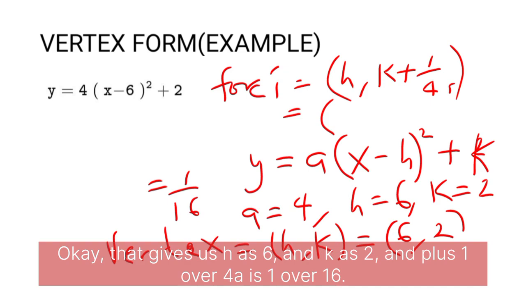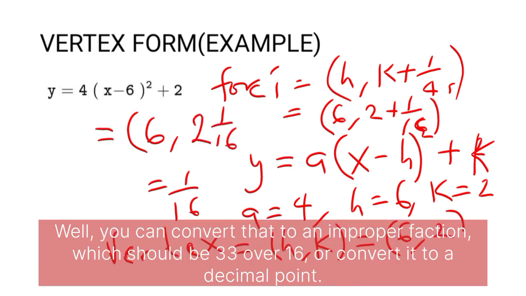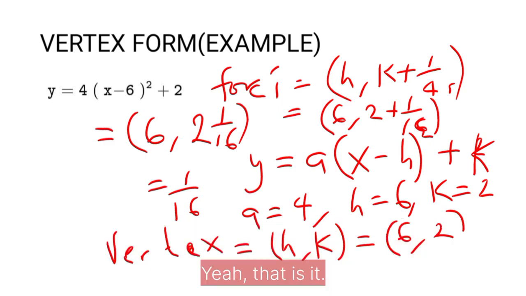Okay, that gives us h is 6, then k is 2, then plus 1 over 4a, which is 1 over 16. Now we can find the LCM, and what we get is 6, 2 plus 1 over 16, which is 2 whole number and 1 over 16. Or you can convert that to an improper fraction, which should be 33 over 16. Okay, or convert it to a decimal.